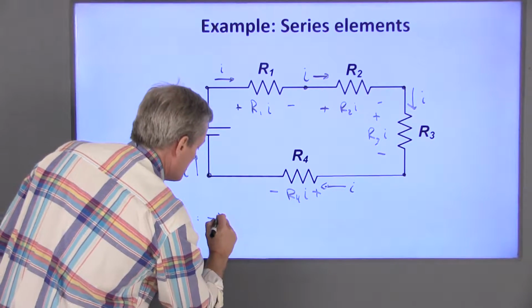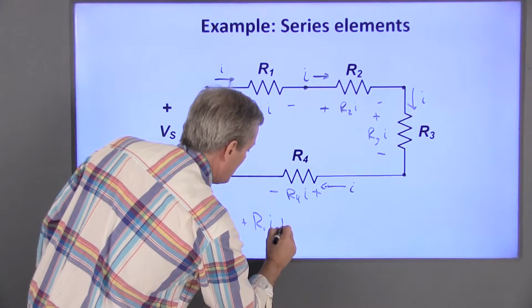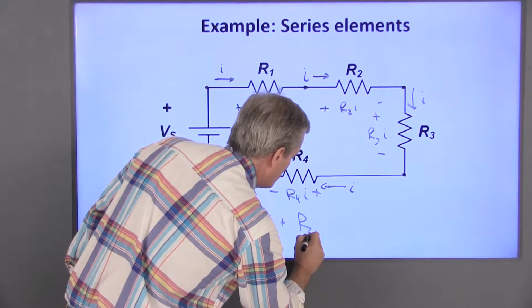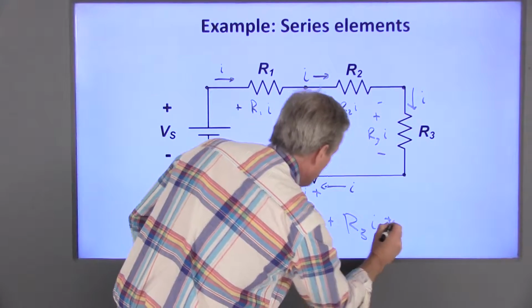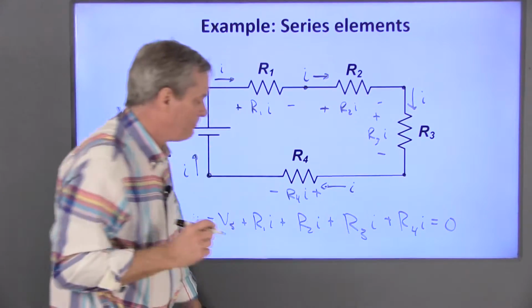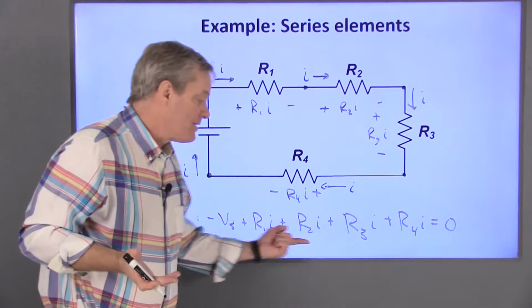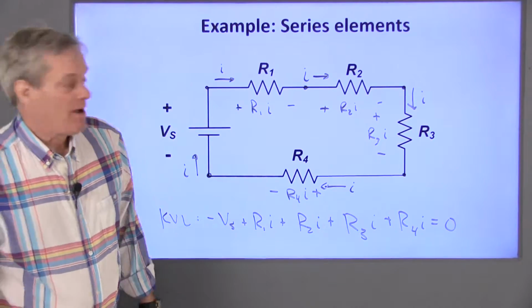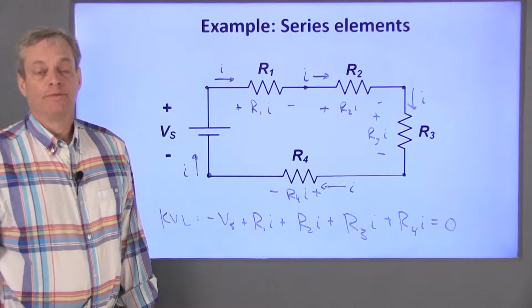So KVL says minus V sub S plus this voltage, R1 times I, plus this voltage, R2 times I, plus R3 times I, plus R4 times I is equal to 0. That gives me one equation and only one unknown. I can solve that for I. Once I have I, I can find out anything else about this circuit that I need to know.